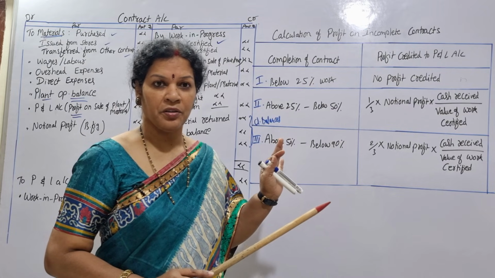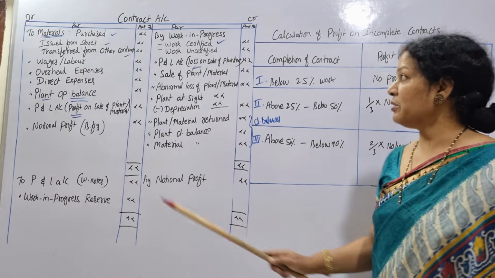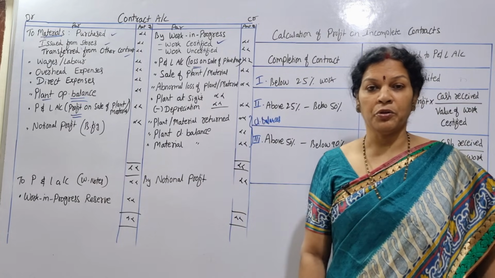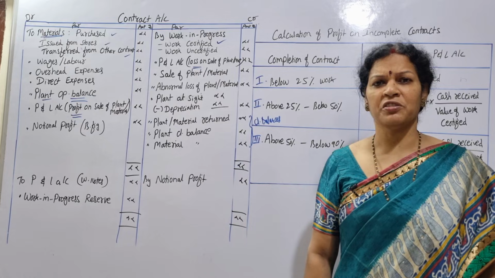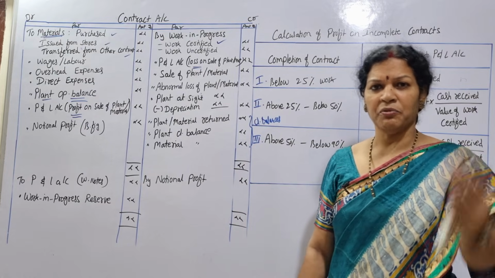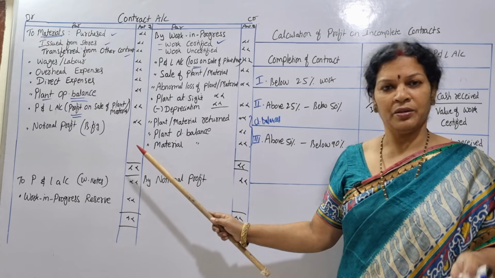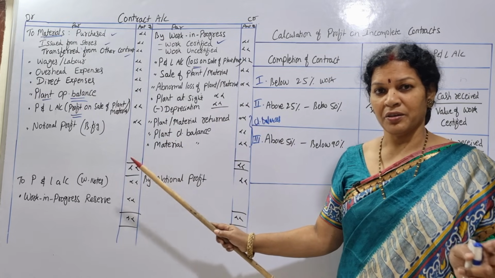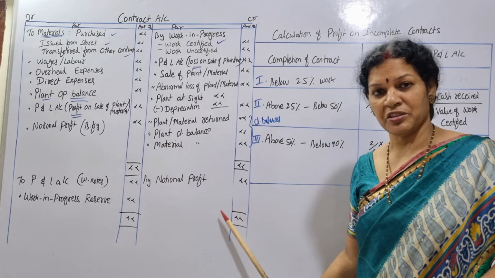Easy to remember, right? This calculation is useful for the profit and loss account. Once you know how to prepare the contract account as per the format, whatever information is given in the problem, you will write as per the proforma, and at closing you have to get the notional profit. Notional profit is transferred here.